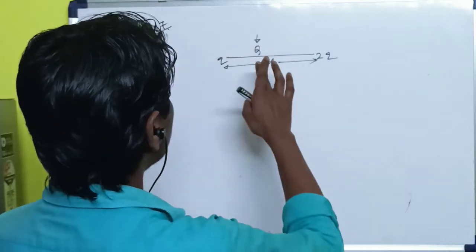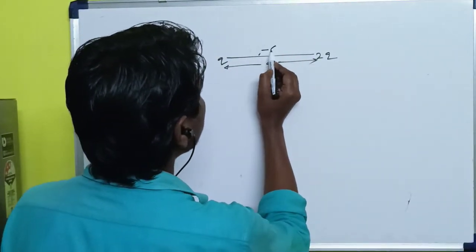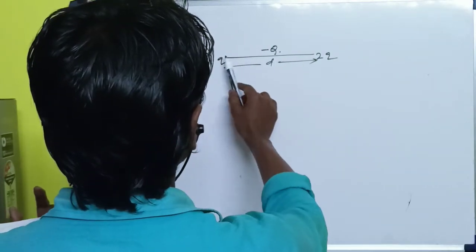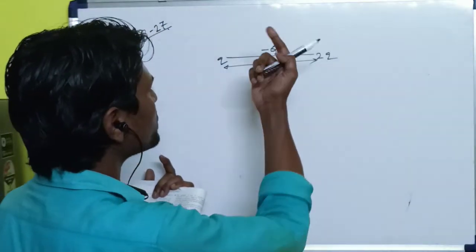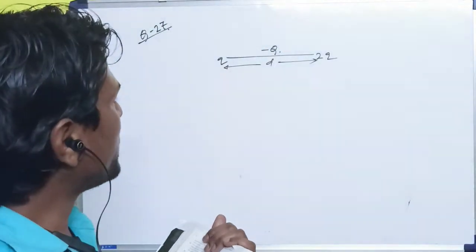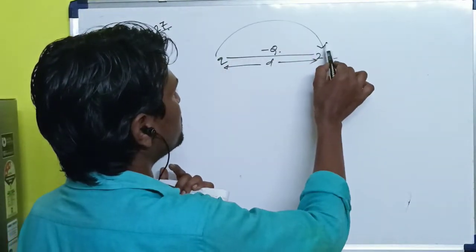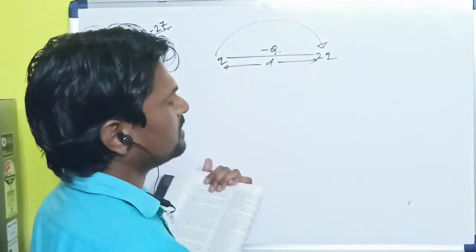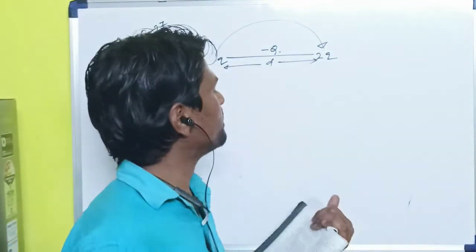If we place a charge of minus Q here, then attraction takes place with both, while there is a repulsion force between the two original charges. This can keep the three charges in an equilibrium position.